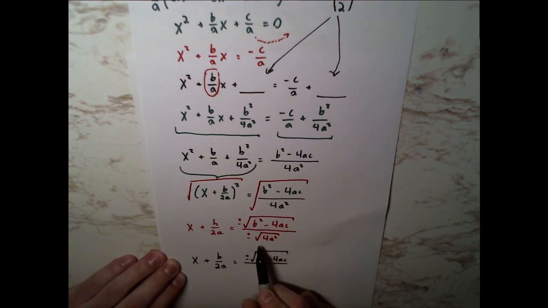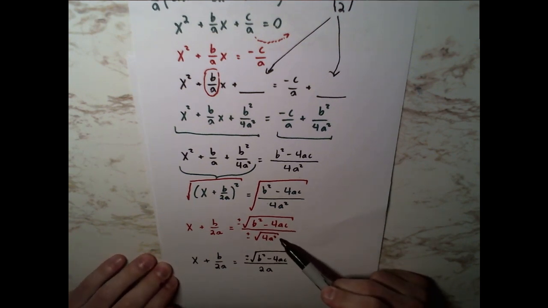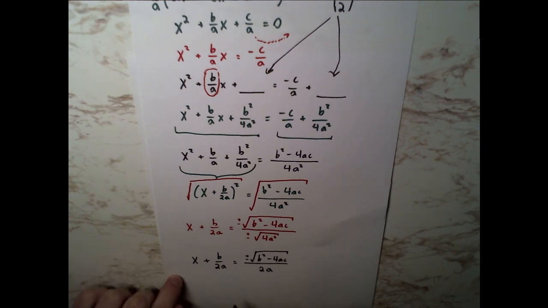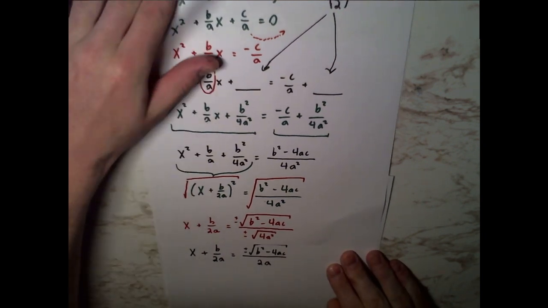And down here you can see that well, the square root of 4 is 2, and the square root of a squared is just a, so we can actually rewrite this as 2a. And simplifying this denominator is nice because then you can see that we have a common denominator here. So just a little bit more to go.